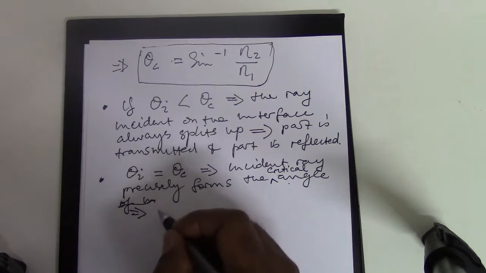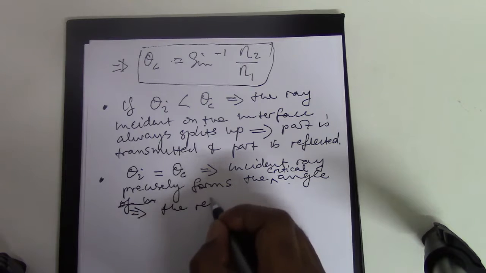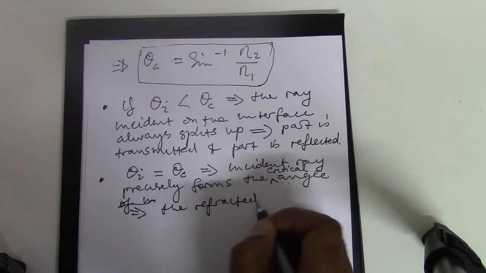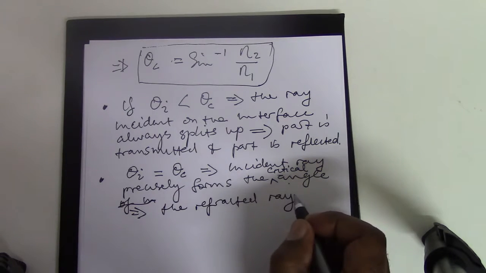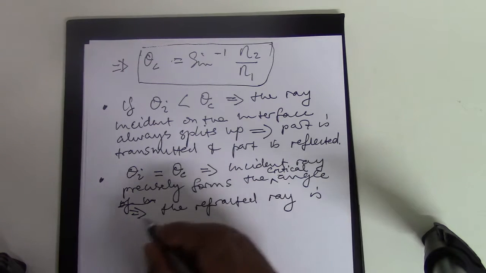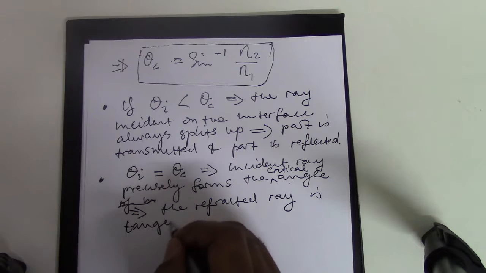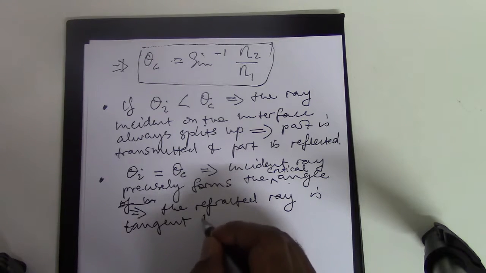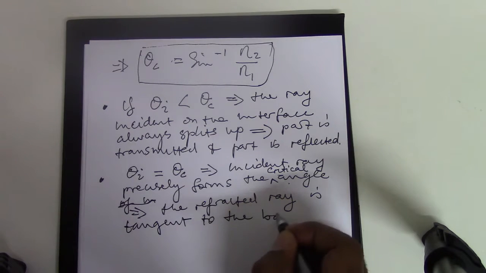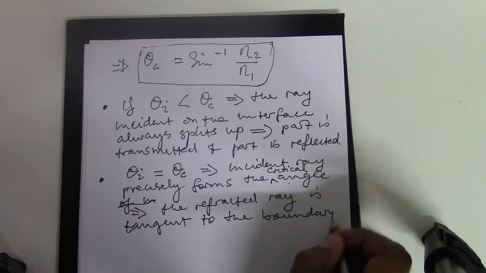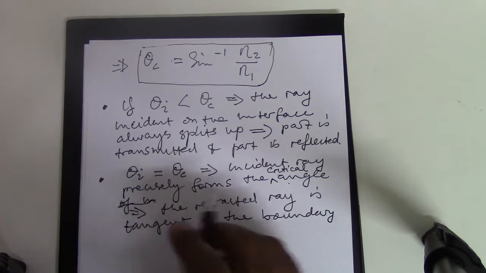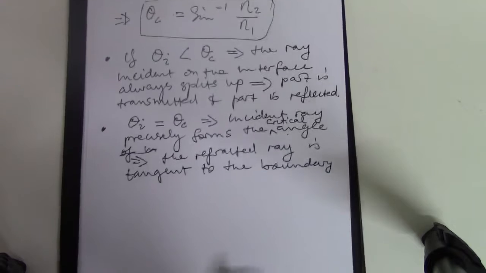It follows that the refracted ray is tangent to the boundary at the point of incidence.